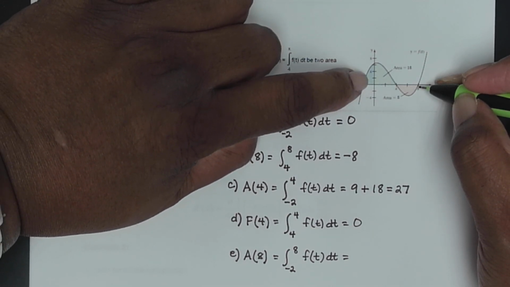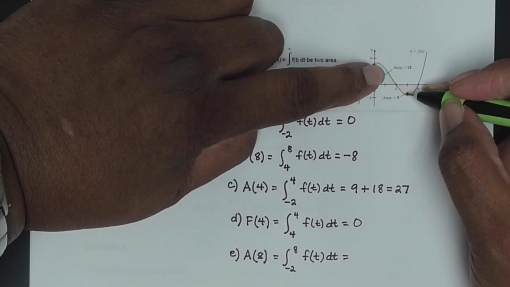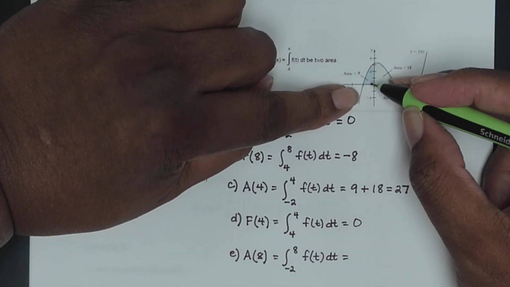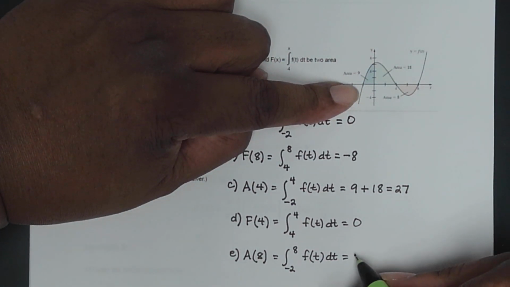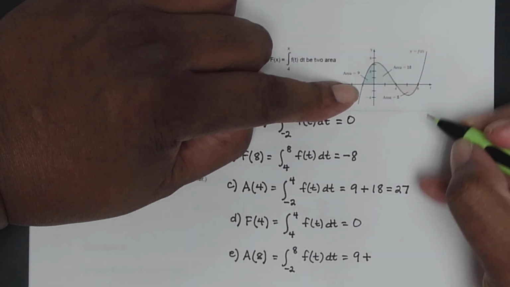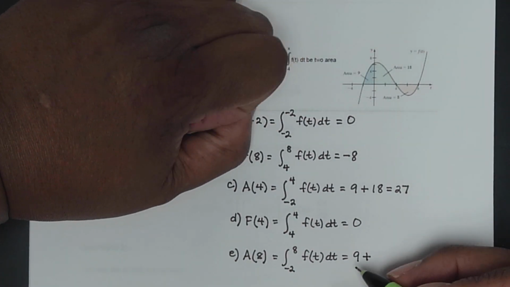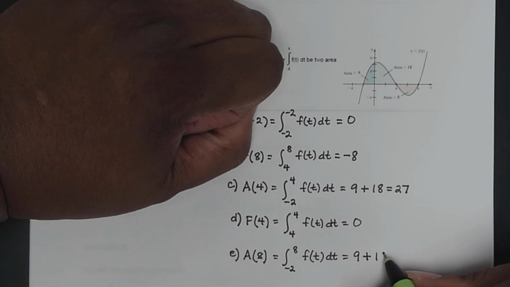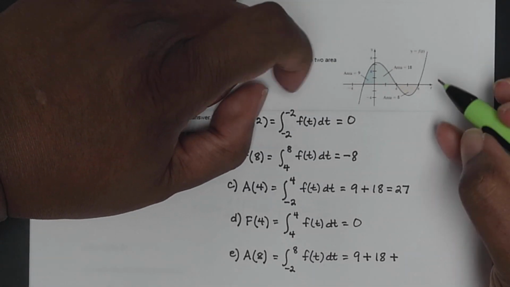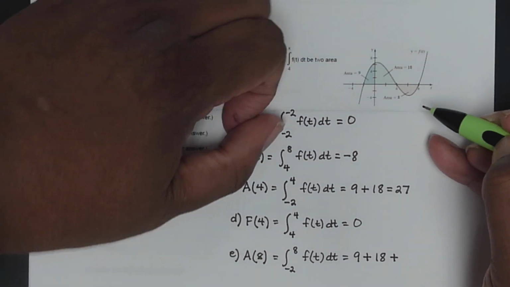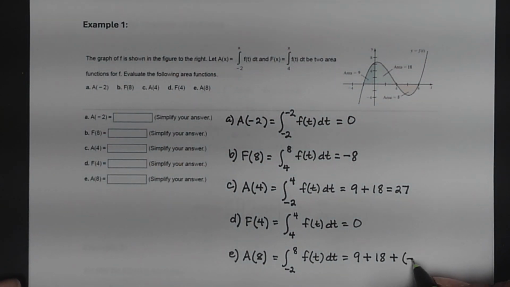So now we've got this area plus this area plus this area here. Two of them are above the x-axis, so that means the area being 9 would be positive, plus this area right here that's in green is also above the x-axis, so it'll be positive 18, plus this 8 right here, that's below the x-axis, so now that area will be negative 8.